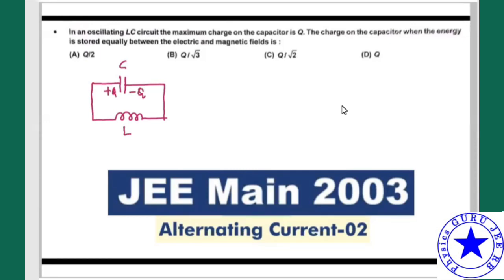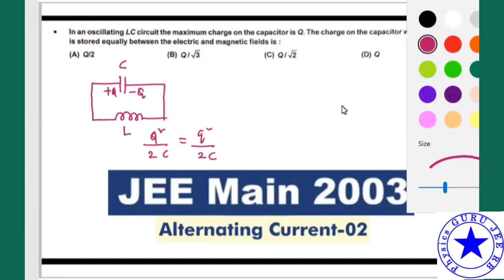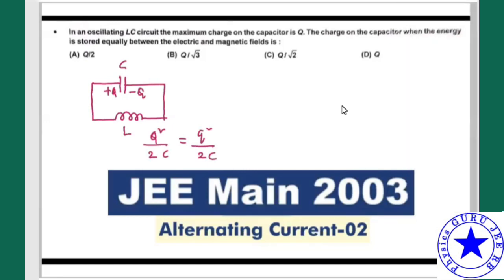So here, by conservation of energy, what I can write is Q square divided by 2C, which is the energy in the capacitor, plus the energy in the inductor, which can be written as half L i square, right?